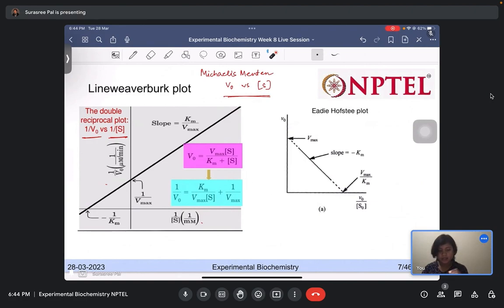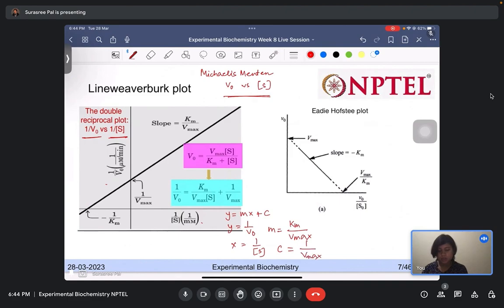So this is a linear plot. Here our y is 1 by V0, our x is 1 by S, so our m, or the slope, is Km by Vmax, and our y-intercept is 1 by Vmax.